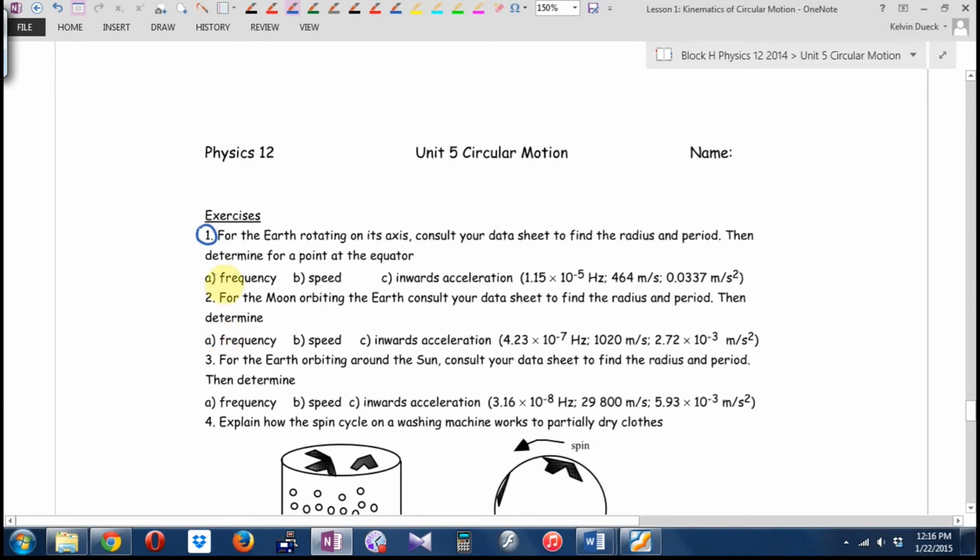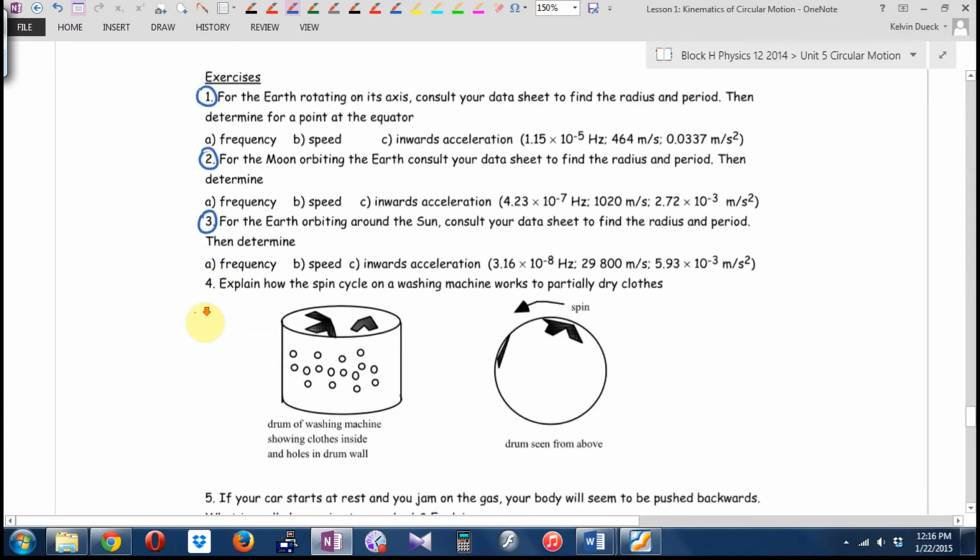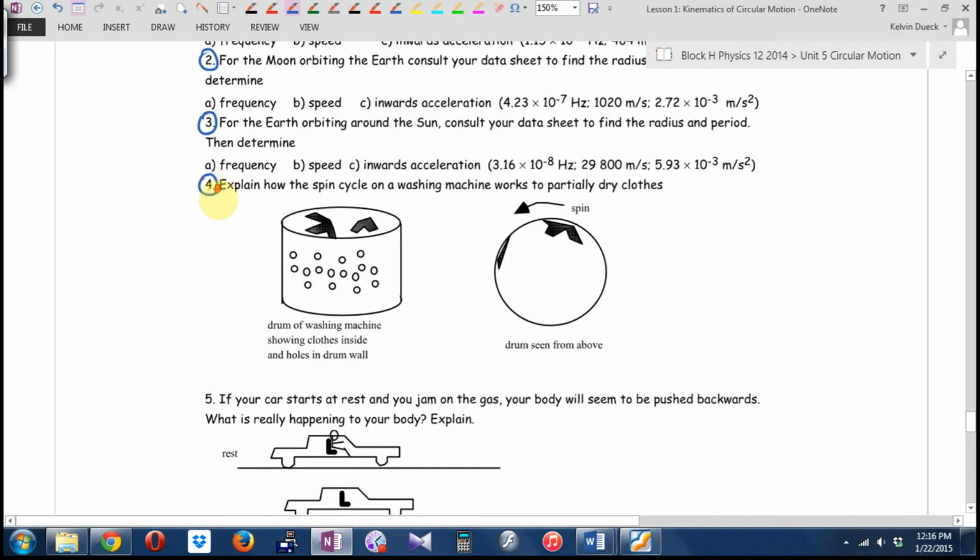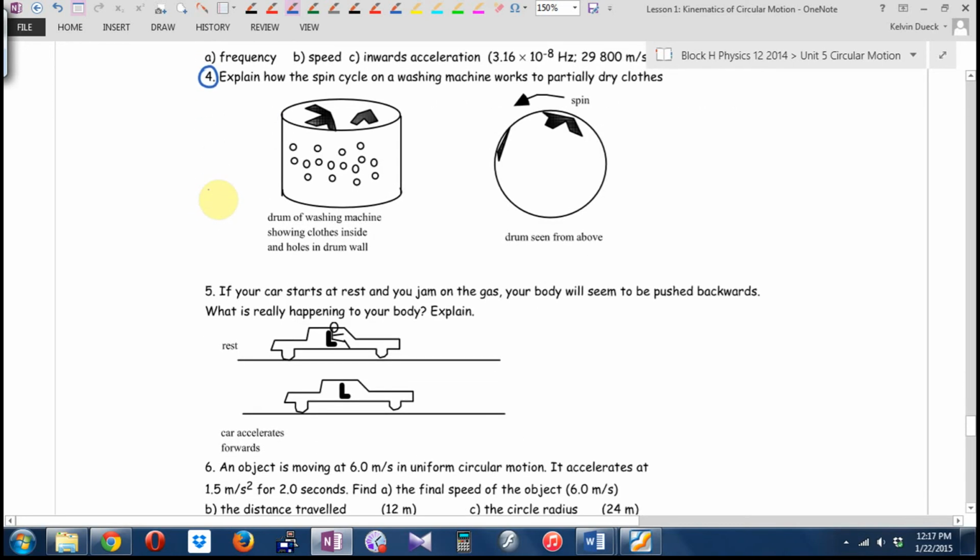Find the speed, 2 pi r over the period, and the inwards acceleration. Number 2, for the moon. Number 3, for the Earth around the sun. 4 is good. By the way, 5, you and I are going to do together.